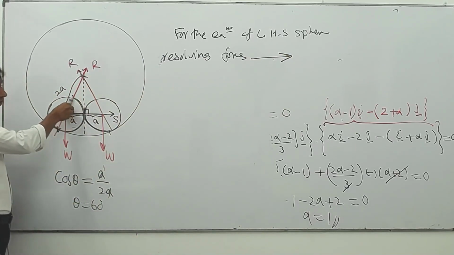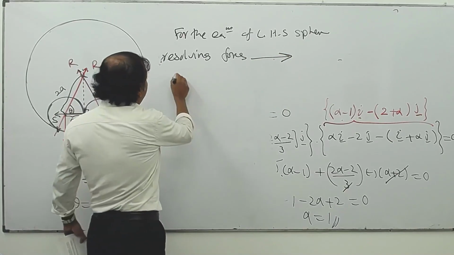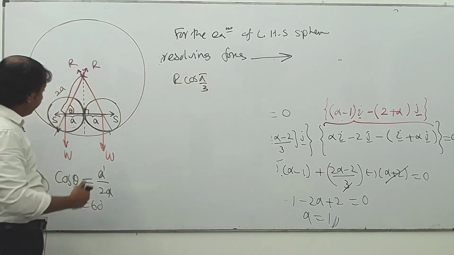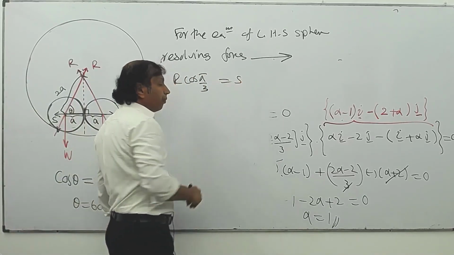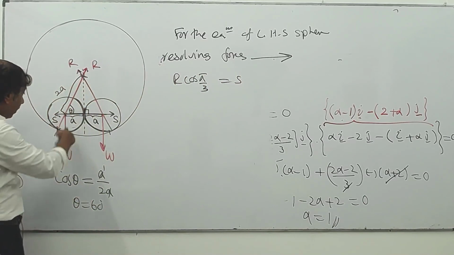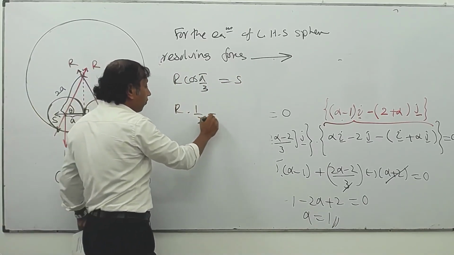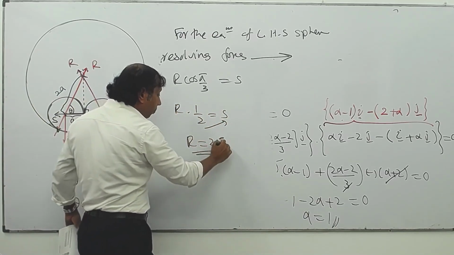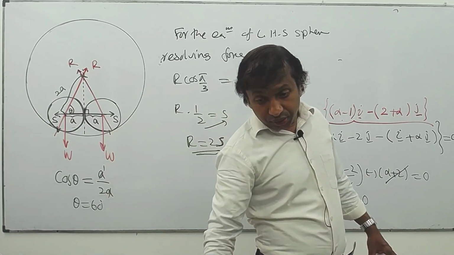R cos theta, where theta is pi by 3, R cos pi by 3. Leftward force is only S, equal to S. W is vertical, so it has no horizontal component. Cos pi by 3 is half. Bring it here: R equals 2S. This is how we get that answer.